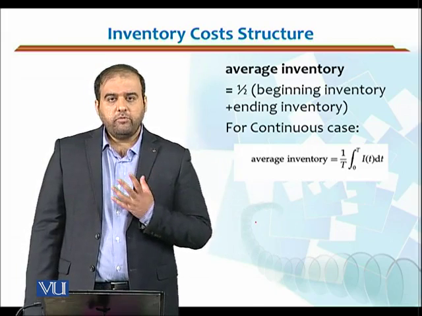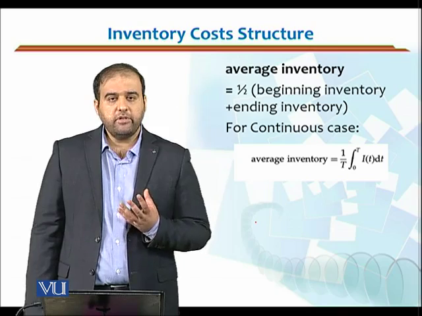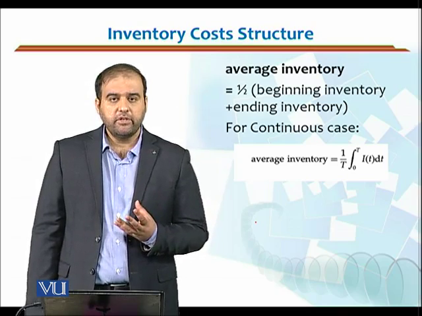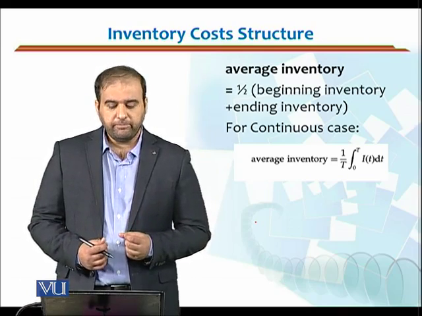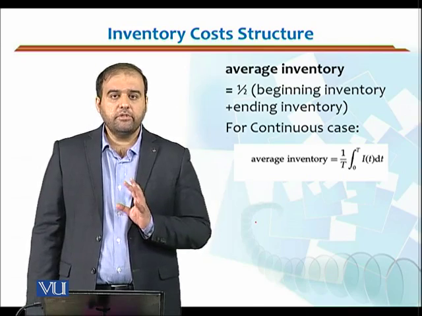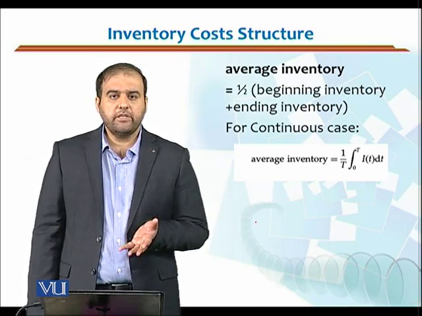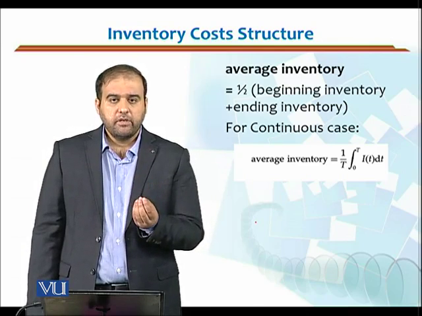And what would be the average inventory? How would I operationalize it? Average inventory would be half of the beginning inventory plus the ending inventory. So it's the average of your beginning and ending inventory. This is true for discrete cases, in which you have units of inventory that you can count.